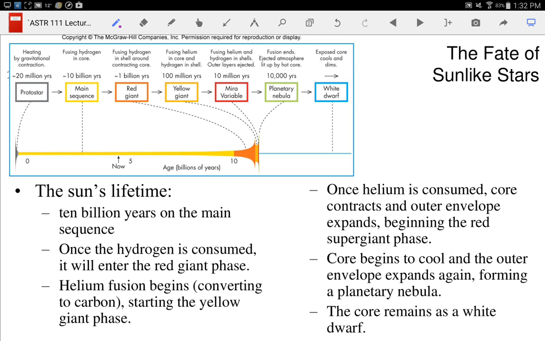Notice M versus B. Then it goes through its death stages, and you notice that fusing hydrogen in a shell lasts for about 1 billion years. Fusing helium in the core, only 100 million years. That's 1/10 as long. That's 1/10 of its predecessor, down to 10 million years.